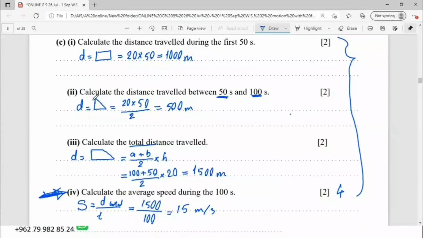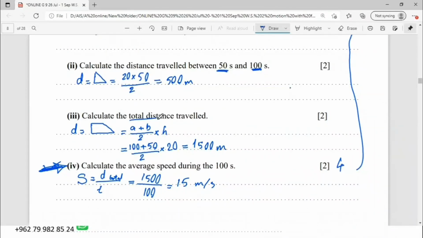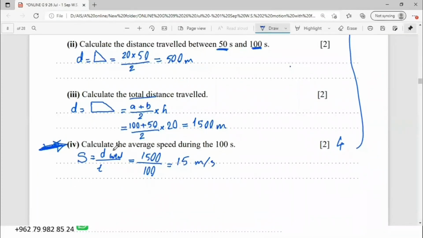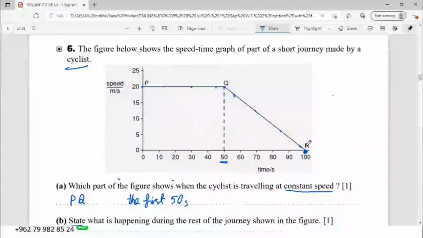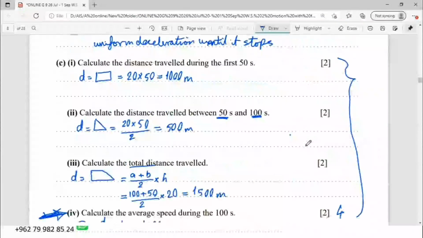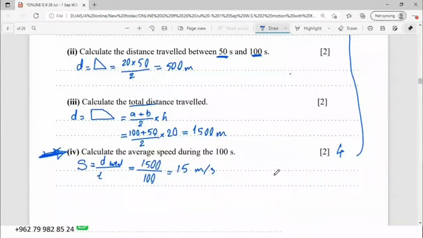Calculate the distance between 50 and 100 seconds: it's half base times height, which is 500. Calculate the total distance for the whole 100 seconds, which is the area of this trapezium, which is 1500. And finally find the average speed: average speed equals total distance divided by total time, which is 1500 meters divided by the total time for the journey, 100 seconds. The answer will be 15 meters per second.